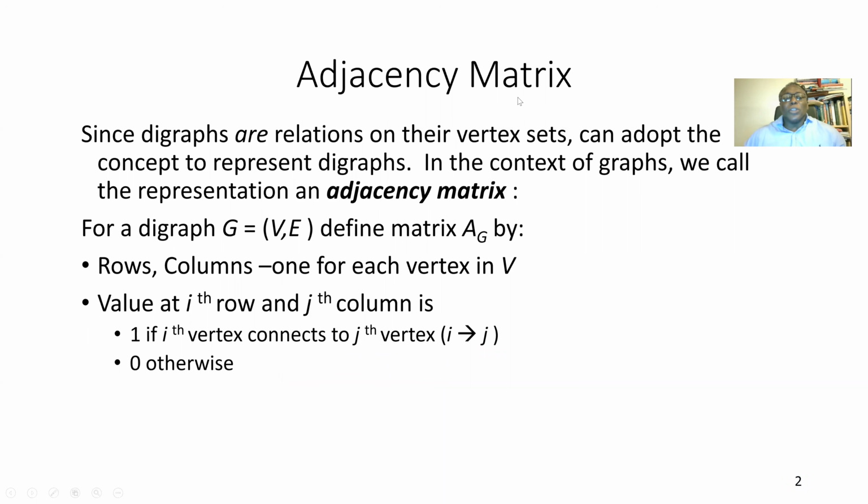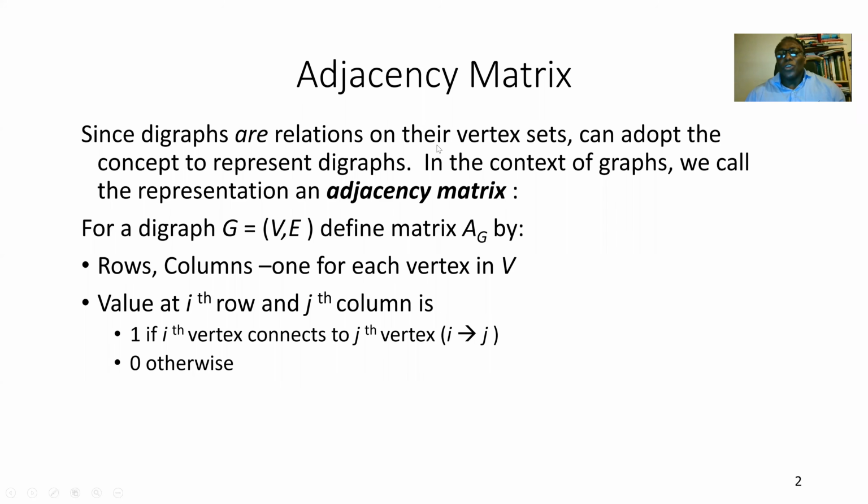What is an adjacency matrix? Here they say since the graph, again, stands for directed graph, the graphs are relations on their vertex sets, we can adopt the concept to represent a directed graph. Since directed graphs are relations on their vertices, we know a graph consists of two things, the vertices and the edges.